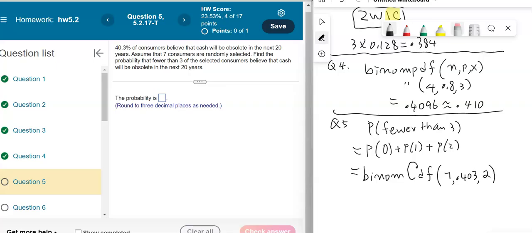If it's fewer than 3, so it's a C, and then 0, 1. C means cumulative, up to 2.